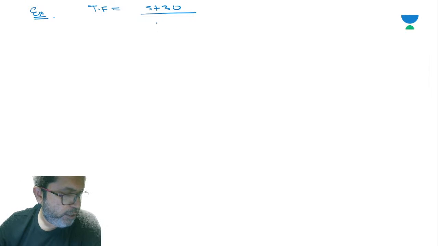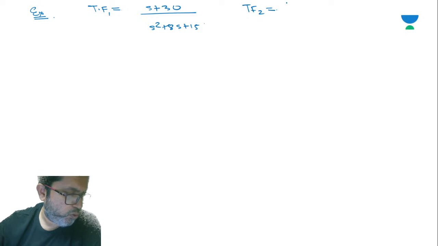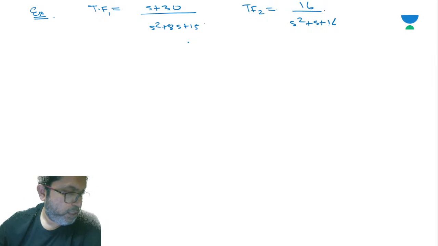It is defined as s plus 30 divided by s square plus 8s plus 15. This is transfer function 1. Transfer function 2 is equal to 16 upon s square plus s plus 16.